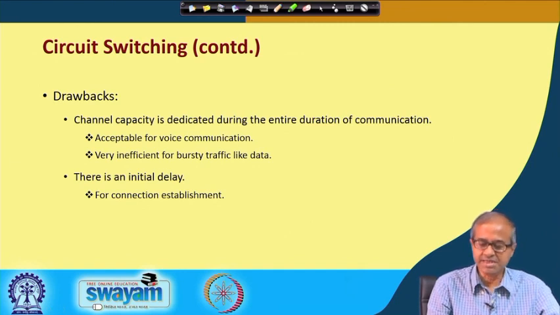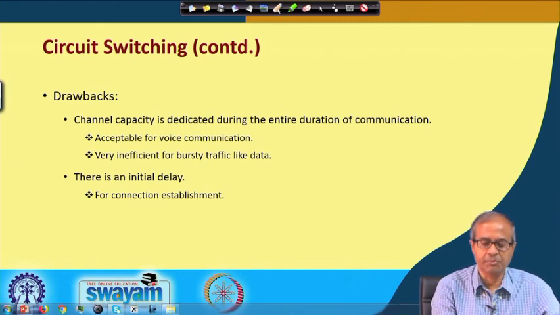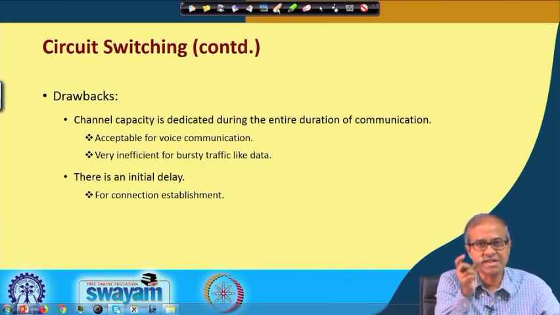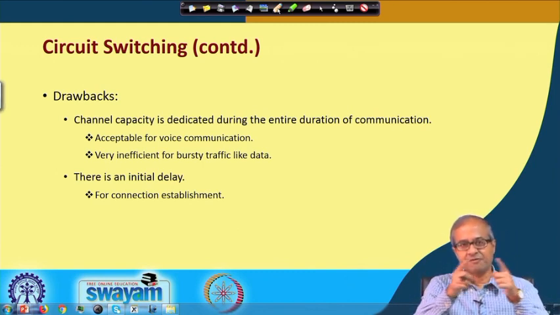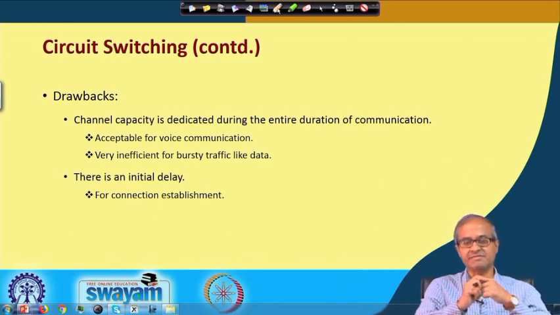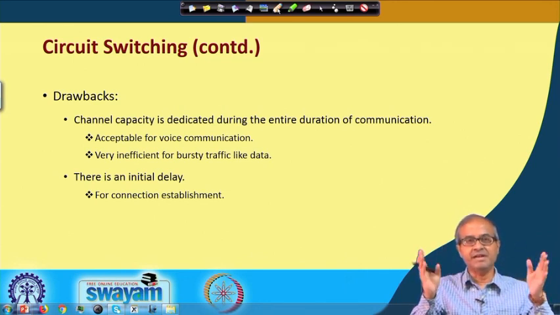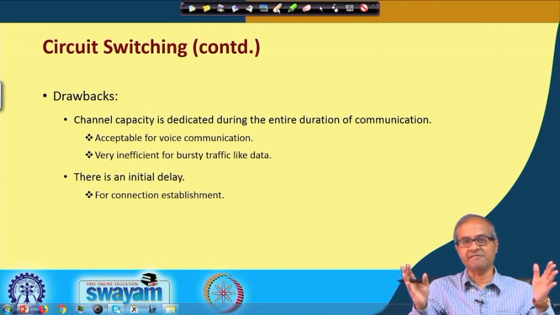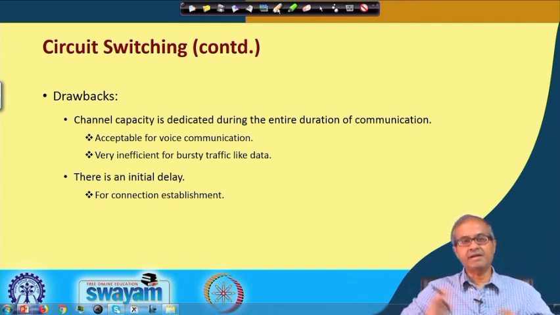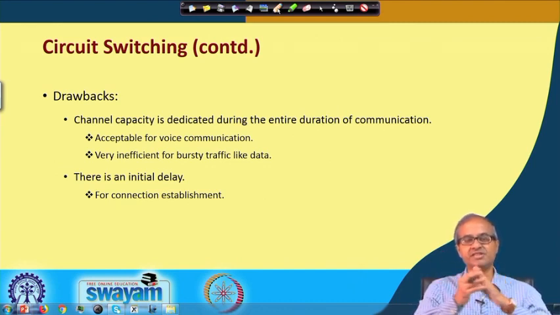Now, circuit switching has some obvious drawbacks. First drawback is that because you are having dedicated links from the source to the destination, during the time the communication is active, this entire channel is dedicated for the communication. But when you transmit data, it is not transmitted continuously.